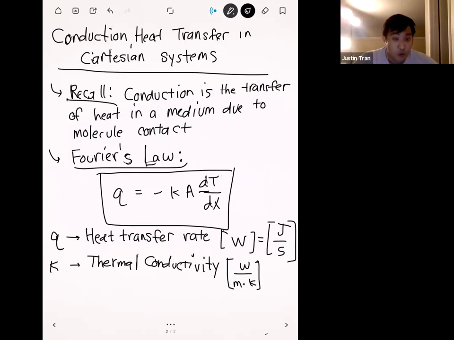Another way to express these units, because using Kelvin sometimes gets confusing, is that sometimes we use degrees Celsius instead of Kelvin, so sometimes you'll see this as well. Personally, I like that one a little better, because I think people know degrees Celsius more often than Kelvin. Yeah, very good.